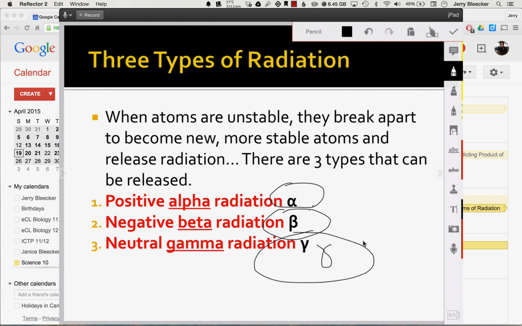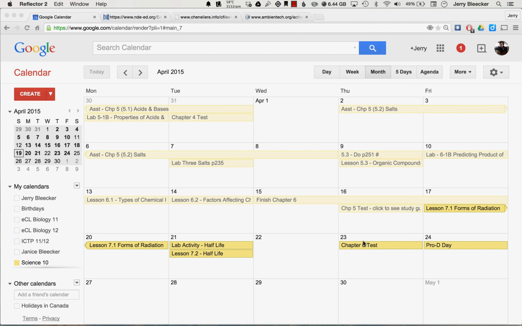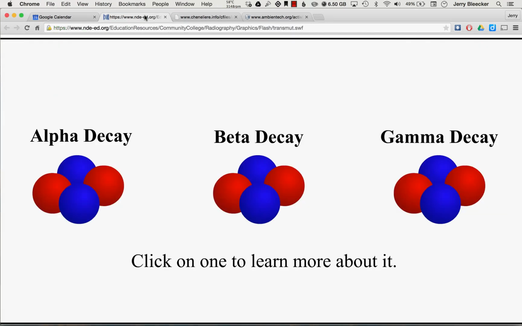So what are these three types of radiation? Well, just turn mirroring off for a second. There we go. When we look at the nuclei of elements on the periodic table, we see that some of those nuclei become unstable. A simple way to explain it is that the proton to neutron ratio starts to get a little out of control.